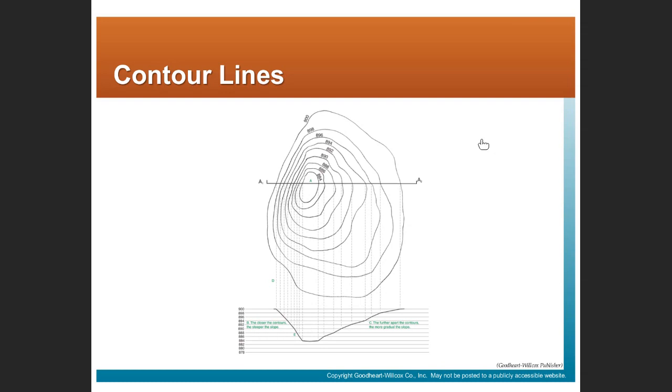And a way to visualize what's actually happening here is they drew a section line, section AA, through the contour, and then plotted these same elevations on the y-axis here.